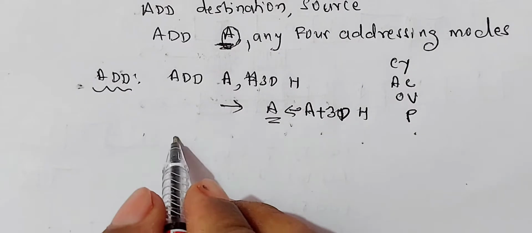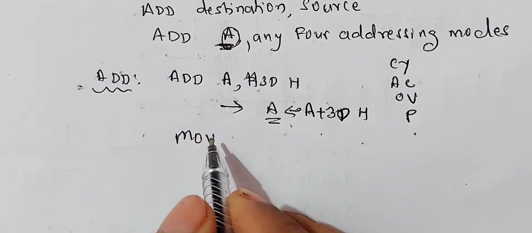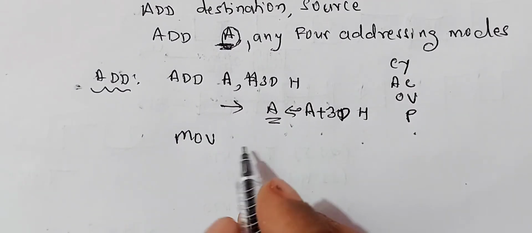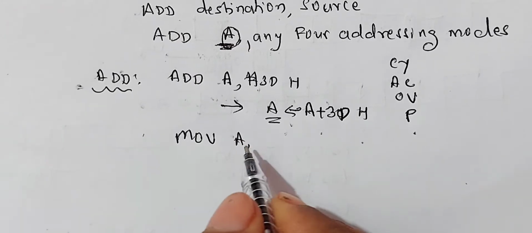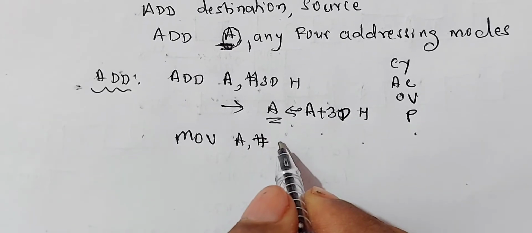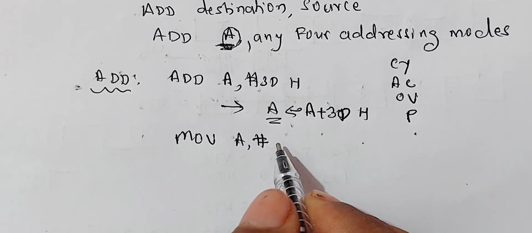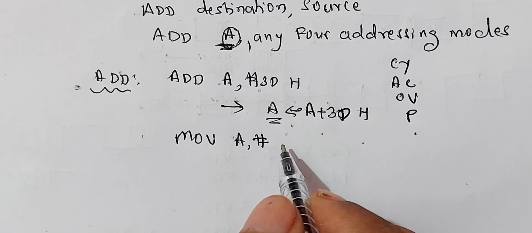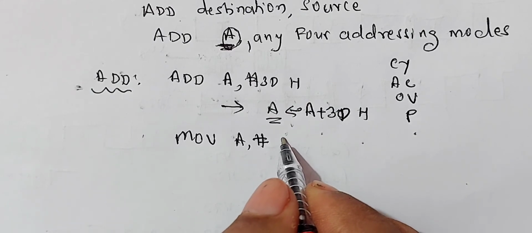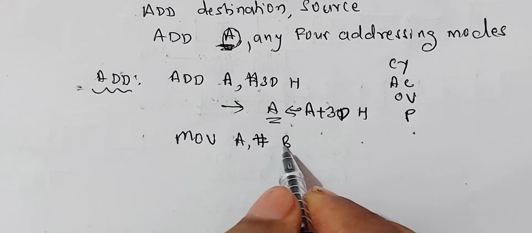Example, I will consider MOV. First, I will load the accumulator A with some data. MOV A comma #, any data you can take. I will consider the data as B5H.